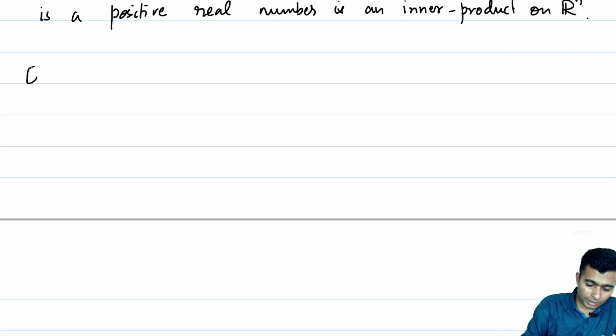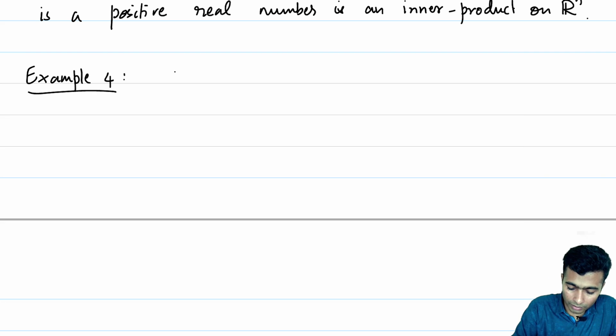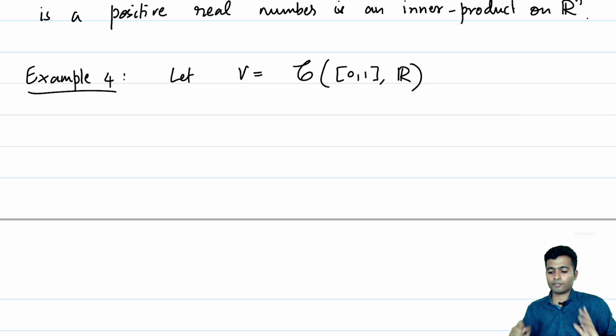Example 4. What could be a good example now? So let's consider, let V be equal to C[0,1] to R. So this time let me be very careful. I'm not going to casually write C[0,1].